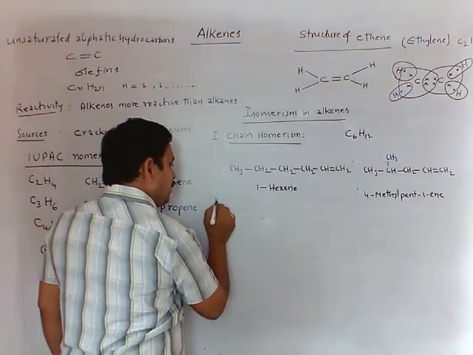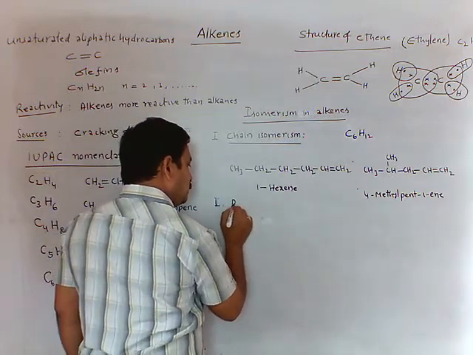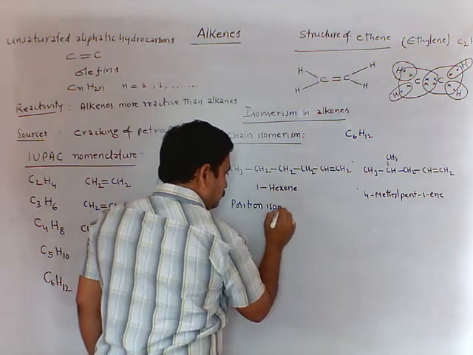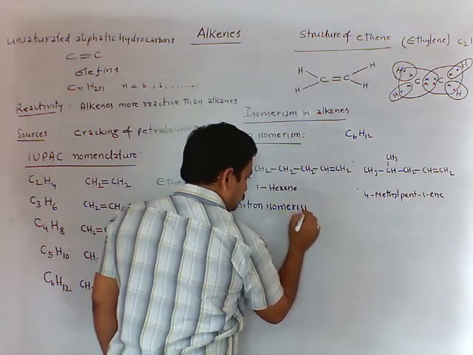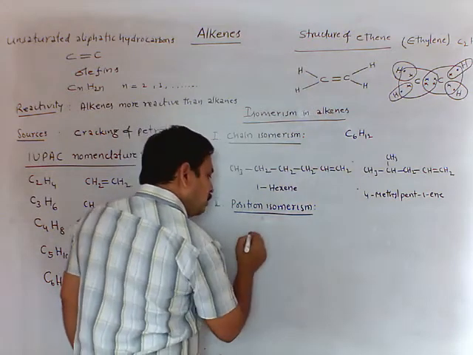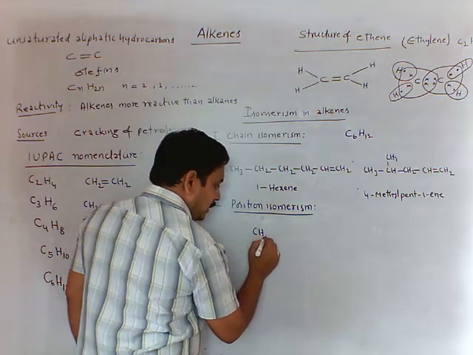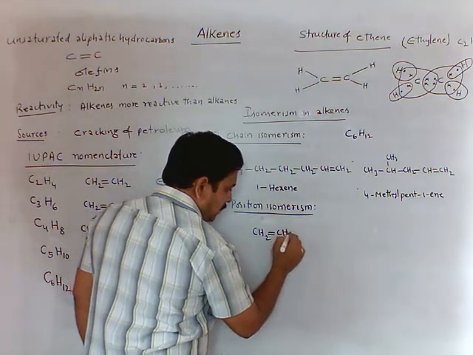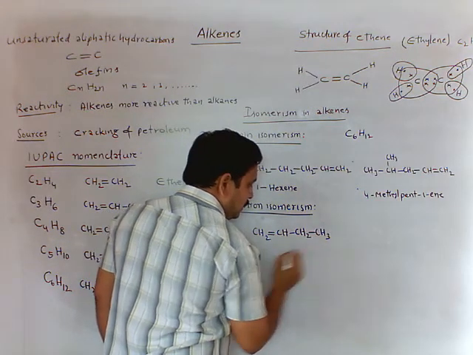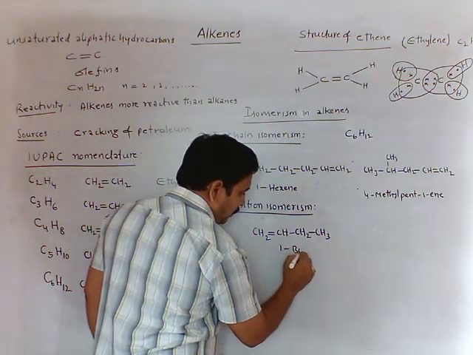Second type of isomerism is position isomerism. Now example I am taking first. CH2 double bond CH, CH2, CH3. Its name is 1-butene.